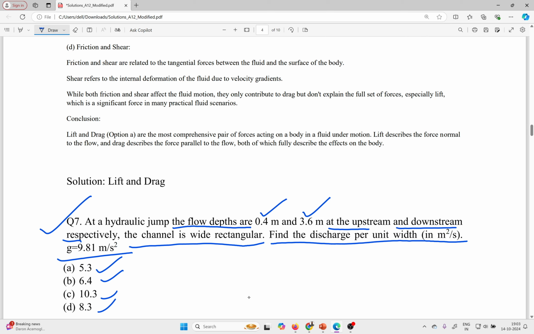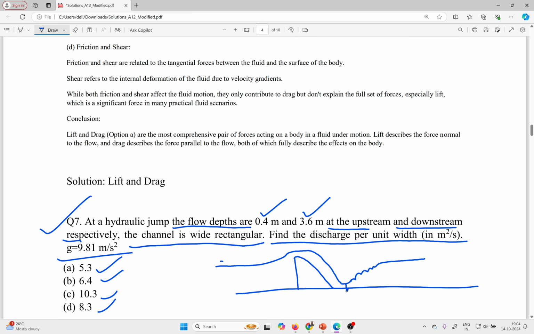So let us suppose at a particular location your hydraulic jump is, if I draw these things, water is coming like that, and after that, here the depth is 0.4 meter and here the depth is 3.6 meter, right?